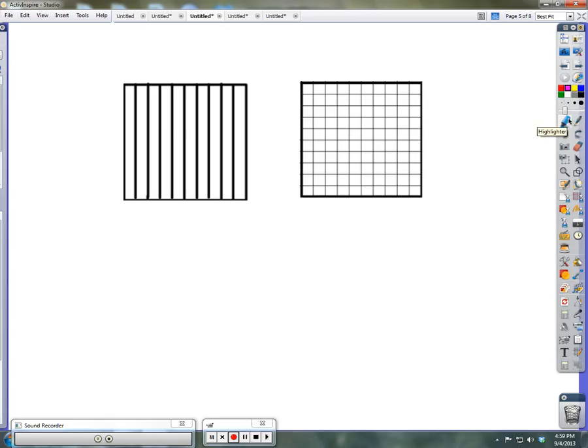So on this next model, I am going to shade in 9/10 of the first square. So as a decimal number, that is 0.9, 9/10.